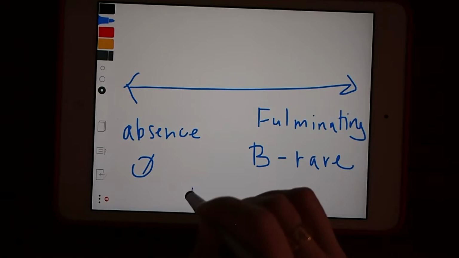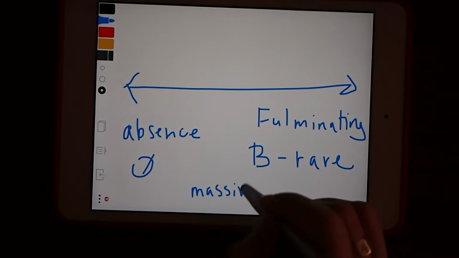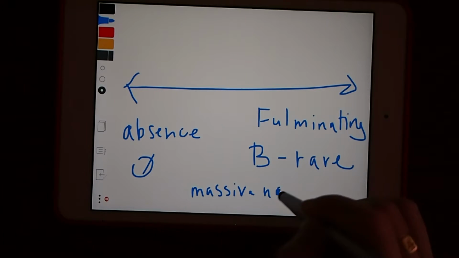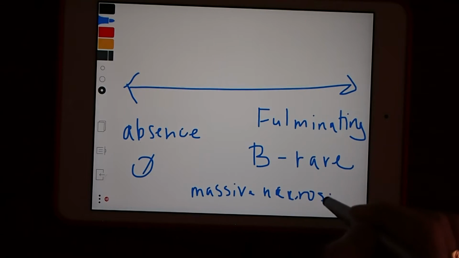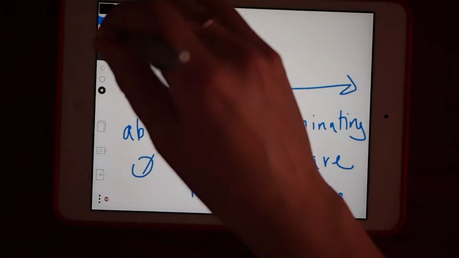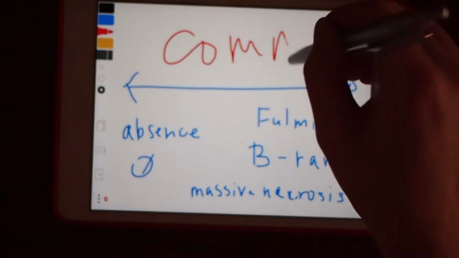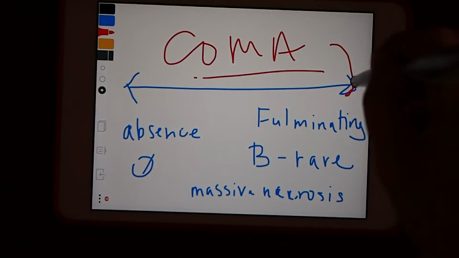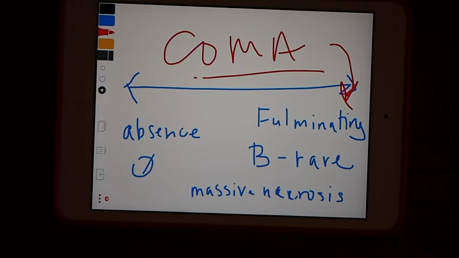It leads to massive necrosis, and with massive necrosis comes a rapid onset of liver failure and coma. So that's over here with the fulminating hepatitis.